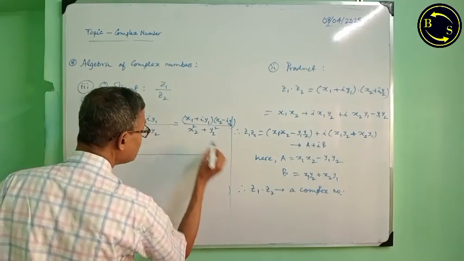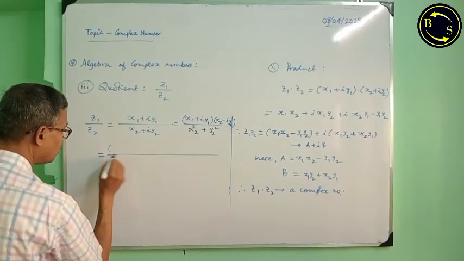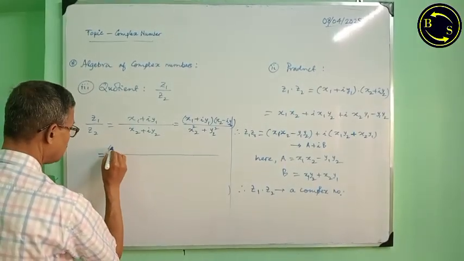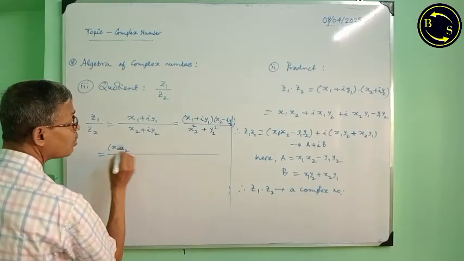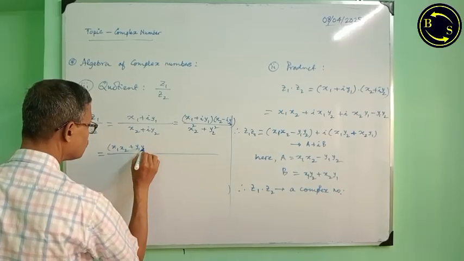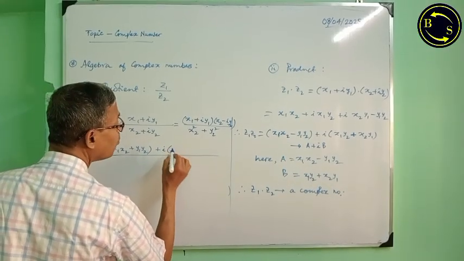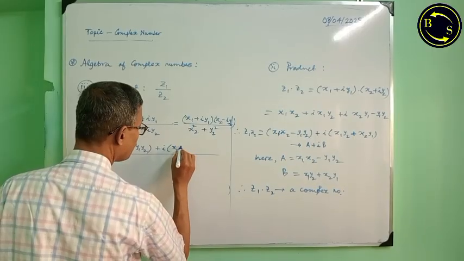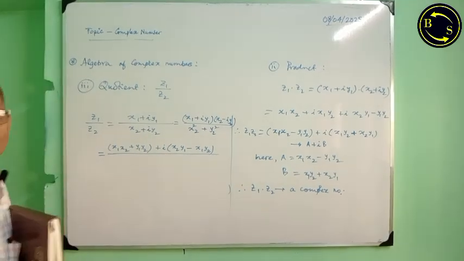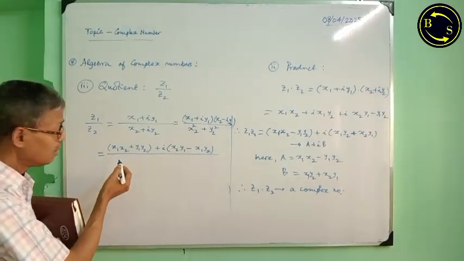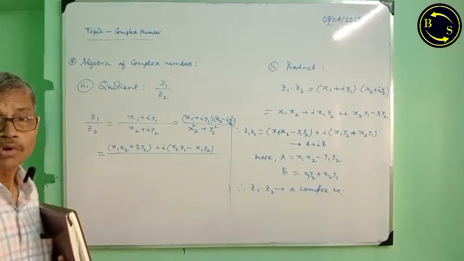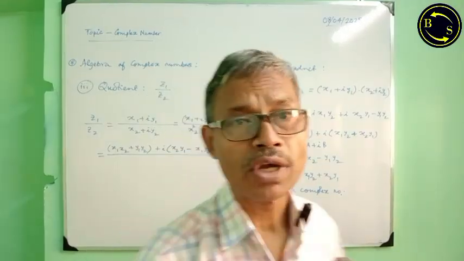Now I multiply the numerator and express that result in the a + ib form. x1 into x2, that is real, then iy1 into minus iy2, the product will be minus i square y1 y2.